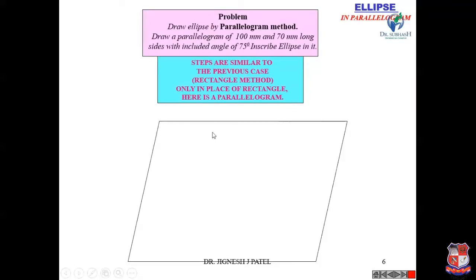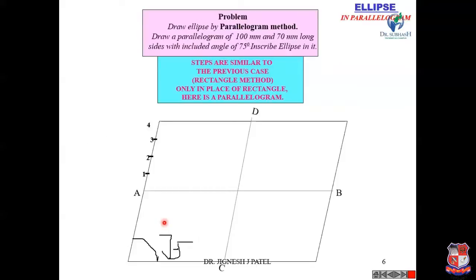Now here we have to draw the parallelogram, and this included angle, this angle is 75 degrees. Okay, and draw a line AB of 100 mm and line CD of 70 mm. Now mark the points here 1, 2, 3 and 4.